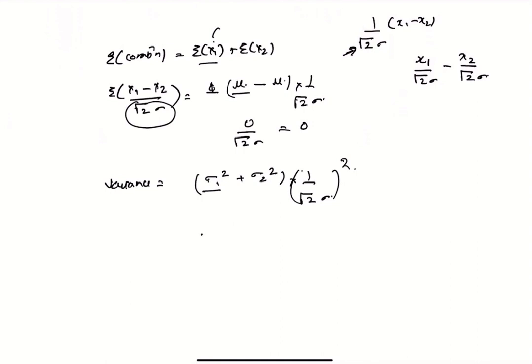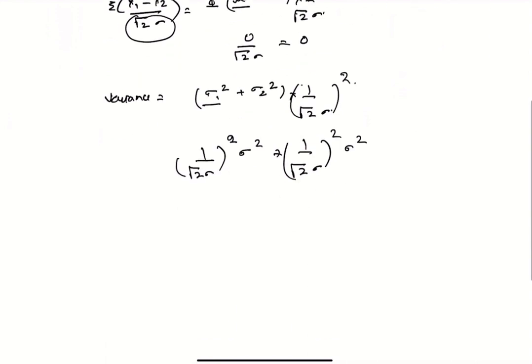So that is going to be 1 upon (under root 2 sigma) square plus 1 upon (under root 2 sigma) square, that makes it 1 upon 2 sigma square plus 1 upon 2 sigma square. The sigma squares get cancelled, so you get 1 by 2 plus 1 by 2, that is going to be 1.